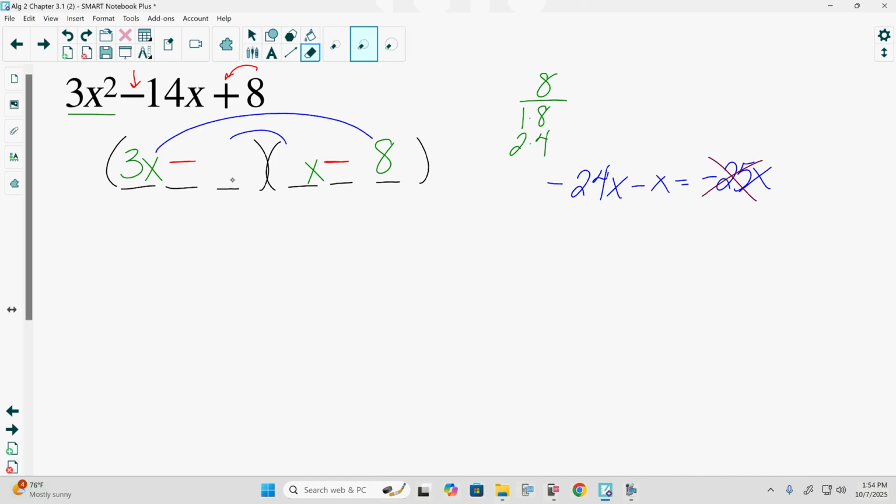Now we can switch the 1 and 8 and try again. 3x times negative 1 is negative 3x. Negative 8 times x is negative 8x, which gives us negative 11x. Is that the middle term we wanted? No.